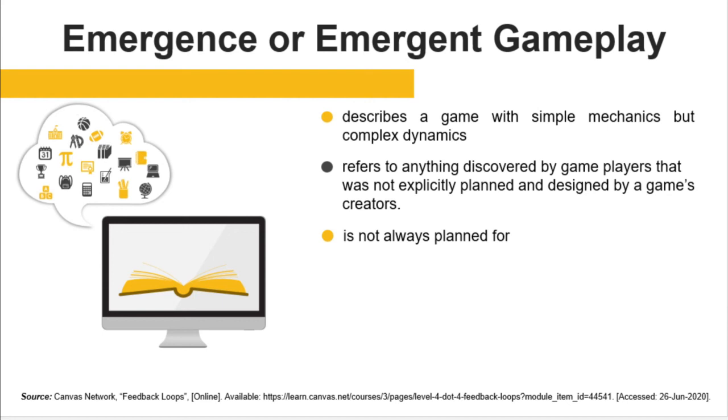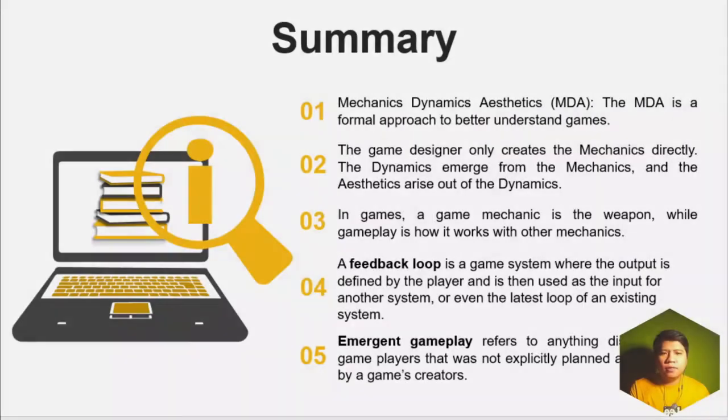That is emergent gameplay. In summary, we can say that mechanics, dynamics, aesthetics, or MDA, is a formal approach to better understand games. The game designer only creates the mechanics directly, the dynamics emerge from the mechanics, and the aesthetics arise out of the dynamics.